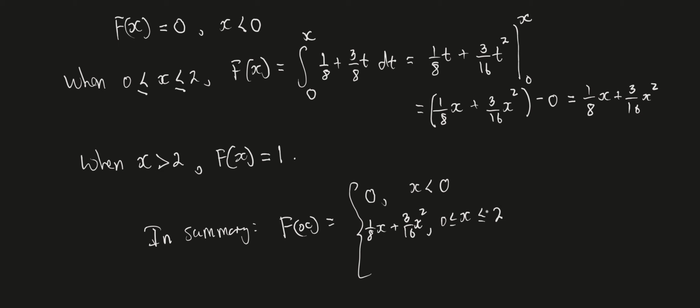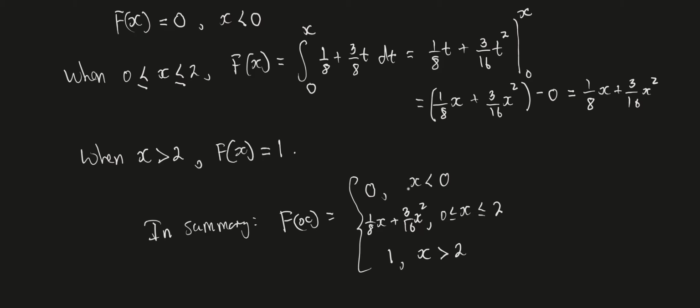And then once I go beyond 2, I would have accumulated all the probability that's there, and the CDF will return a value of 1. This is for when x is greater than 2. So now this is the CDF function for the given PDF.